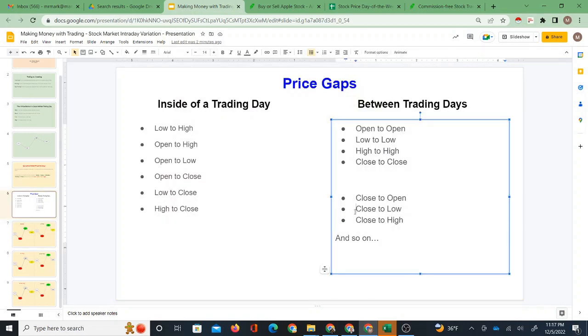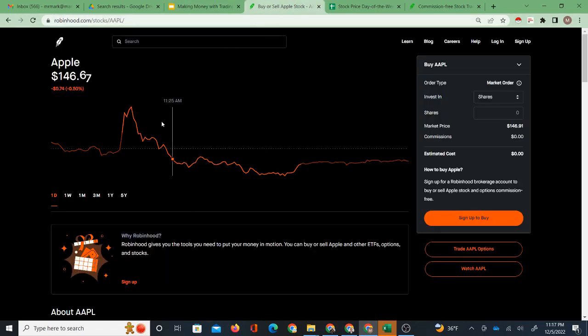Okay, close to low, for instance, would be that percentage that is shown to you when you get to the bottom. Okay, the lowest point. I believe this would be the lowest point. Okay, yesterday's close compared to the low on this day was minus 1.32%. So the close to low today for Apple was minus 1.32%.